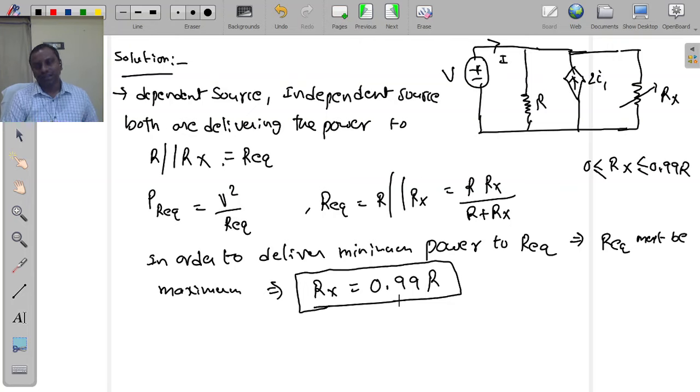We got the Rx value. Now this R equivalent power must be power delivered by the voltage source, power delivered by the current source. So what is the power delivered by the voltage source?